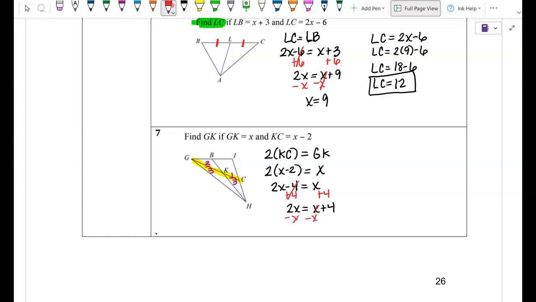Subtract x from both sides. And we get x equals 4. But again, they asked us to find GK, so make sure we are answering what is being asked for. So GK is just represented by x. So in this case, GK equals 4.